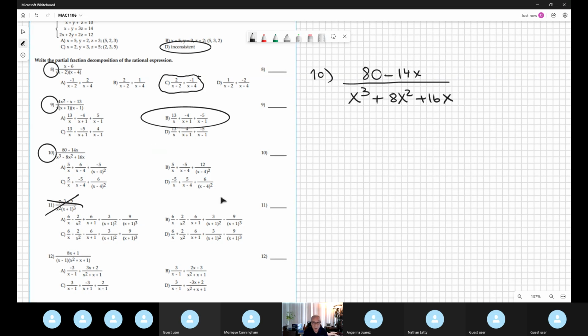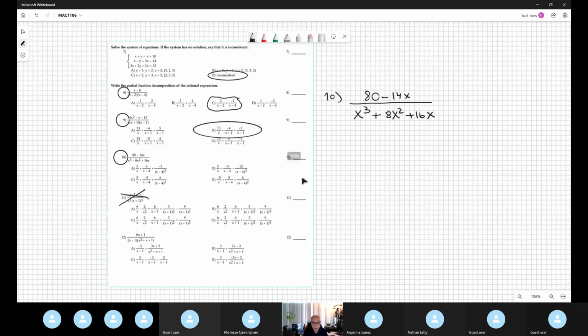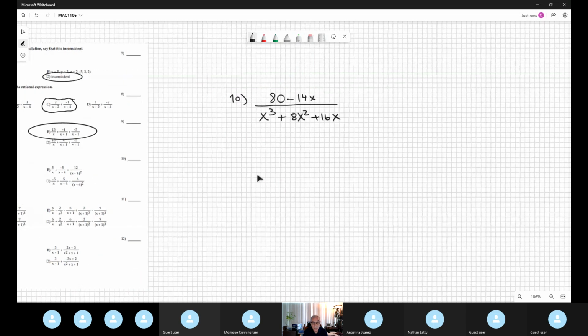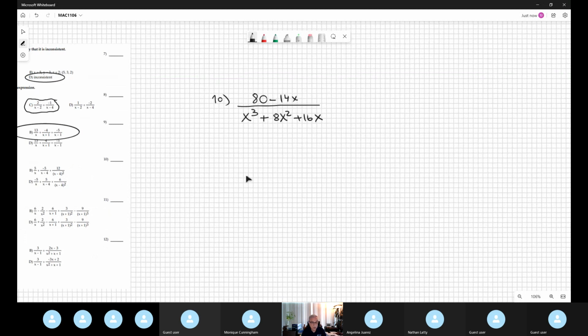Okay, this is a little bit different because first of all, I need to factor the polynomial in the bottom. In the other question, this was already factored. I appreciate the favor so much, but it's not always possible. Now, in this case, I need to factor. But it's easy, look. I never touch the numerator. The numerator stays the same.